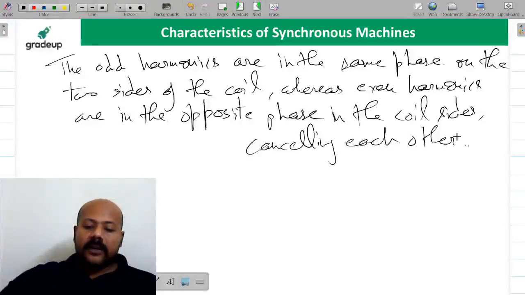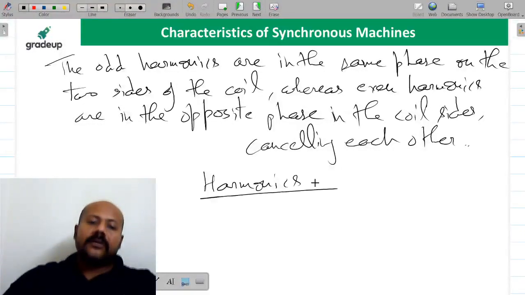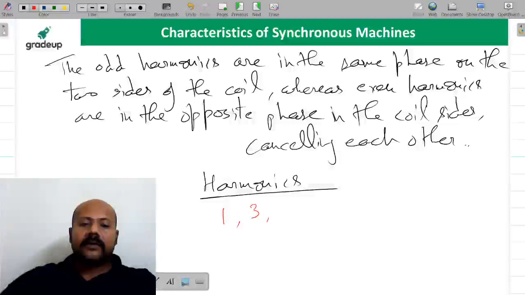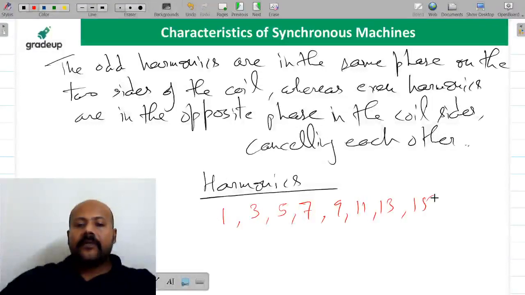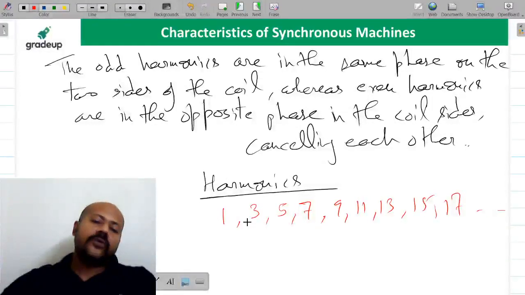Is it clear? So what are the harmonics you are going to have? You can easily list them down. It is going to be the fundamental component, 3rd, 5th, 7th, 9th, 11th, 13th, 15th, 17th and so on.